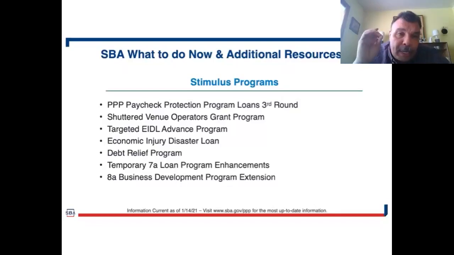Under the targeted EIDL program, if you were one of those folks who only got a partial payment on the advance, you have 300 employees or less, you showed a 30% reduction in your receipts, and you're in a low, moderate income area, which we do have a map for on our website, so you can see.